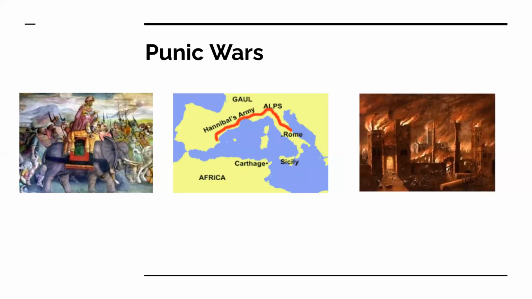In the middle, you can see Hannibal's route to Rome: you can see where Carthage is, but he comes through Spain, up through the Swiss Alps, and down into Italy itself. On the right is the burning and razing of the city, razing meaning tearing down the city of Carthage and setting it on fire, and again, sowing salt into the ground to really end it.